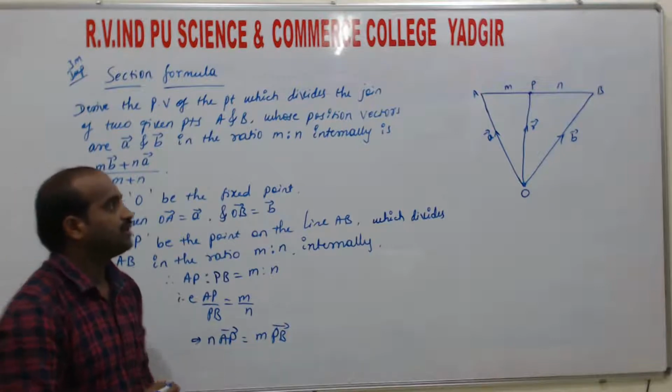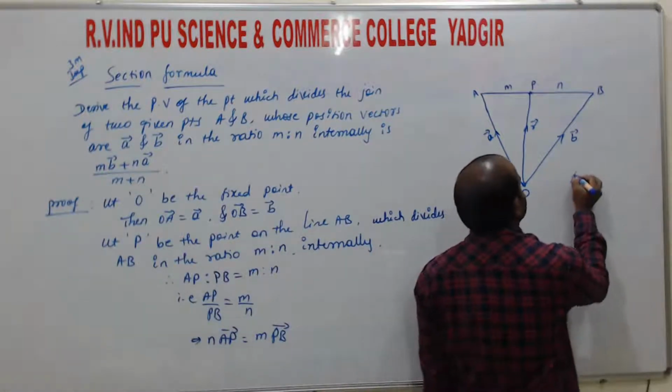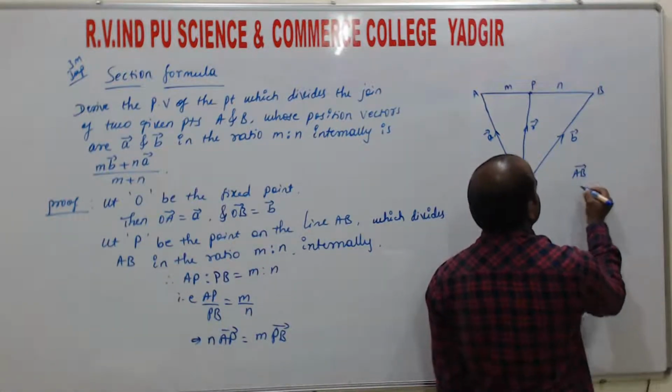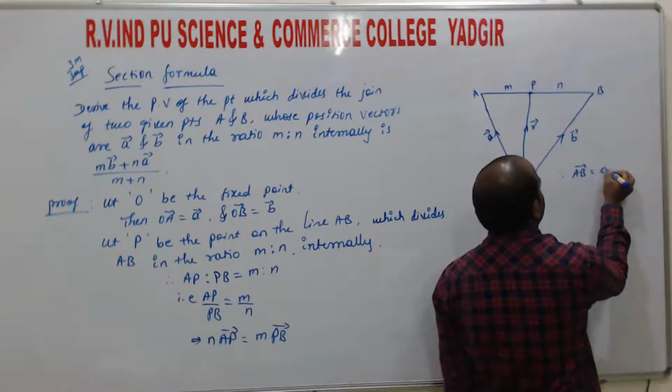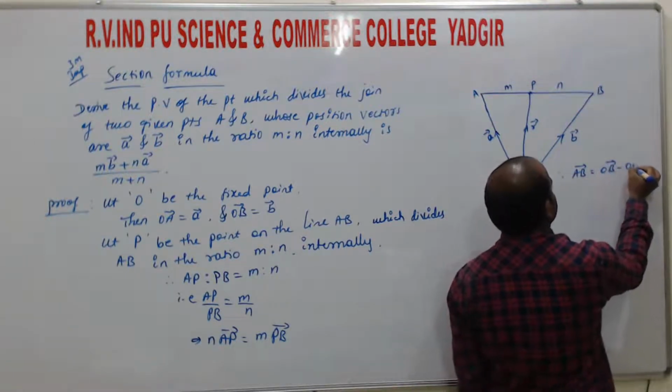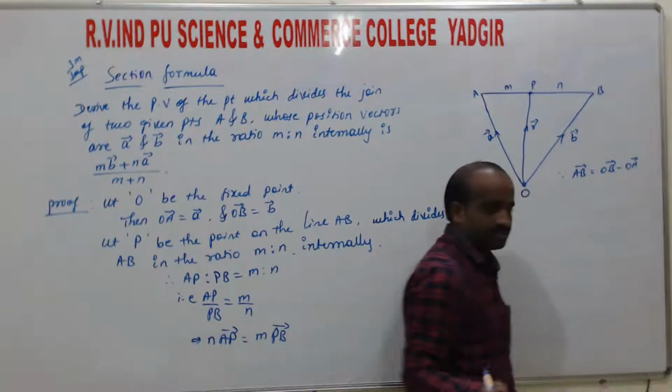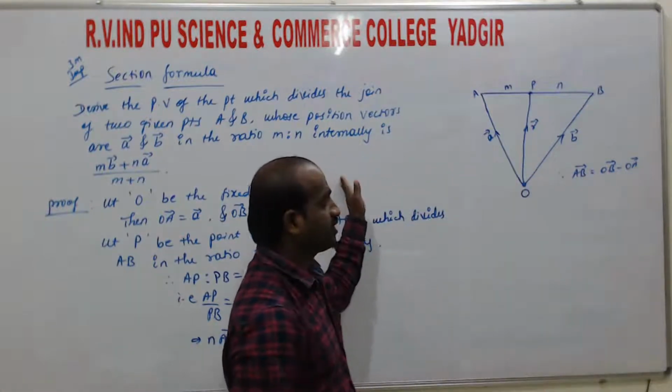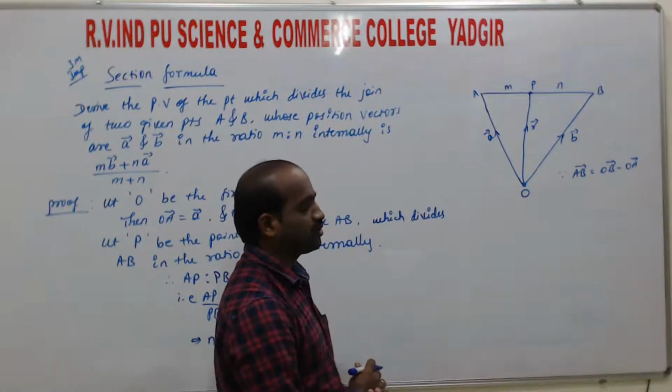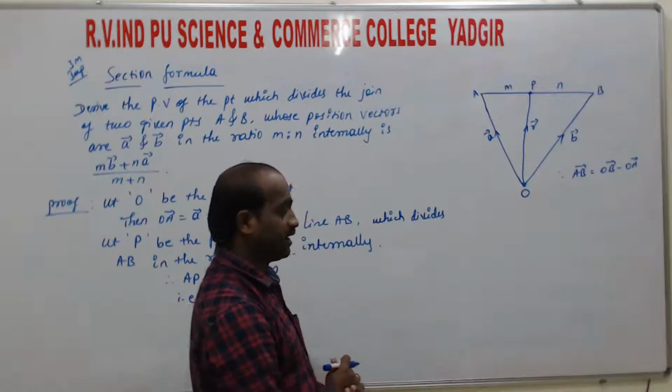Next we have to use the vector joining 2 points. AB is equal to OB minus OA.